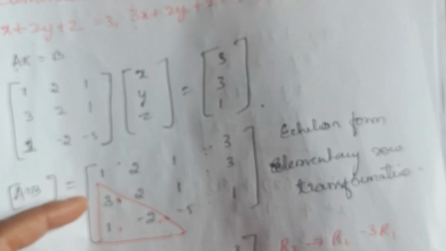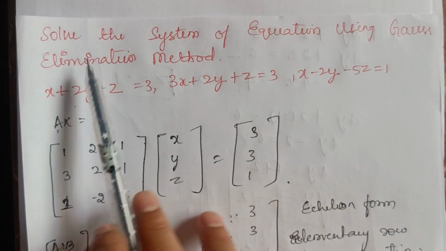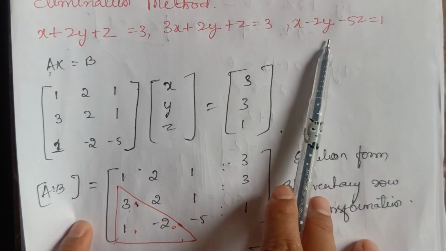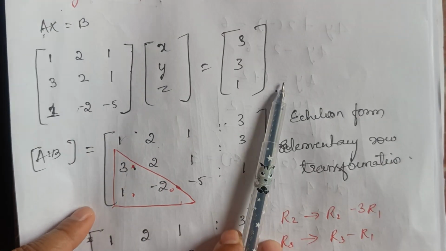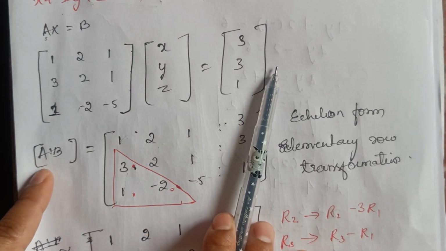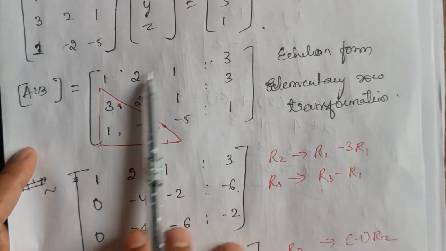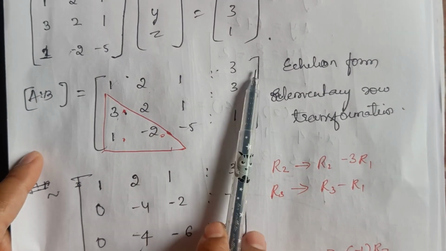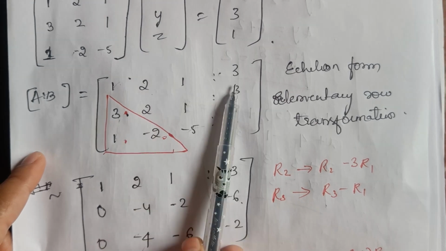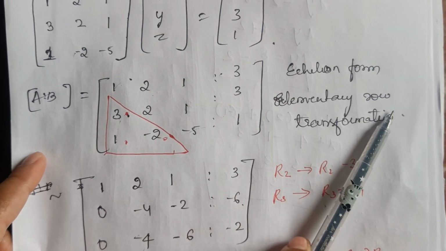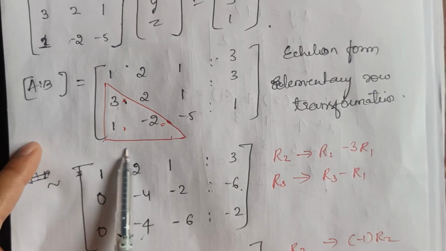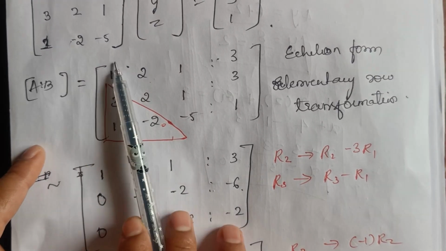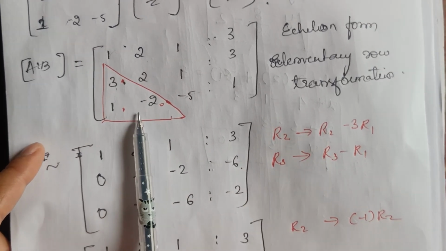If you haven't understood this, I'll recap: solve the system of equations using Gauss's elimination method. This is the system of equations given. I have written it as Ax equals b, and the augmented form is this. We have to convert this into an upper triangular matrix using the echelon form or elementary row transformation, so all the elements below the diagonal have to become 0.